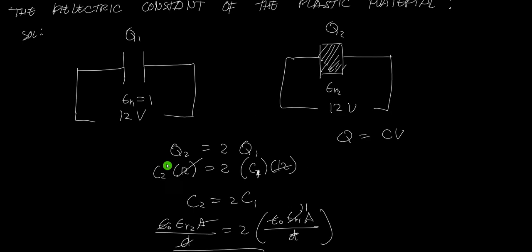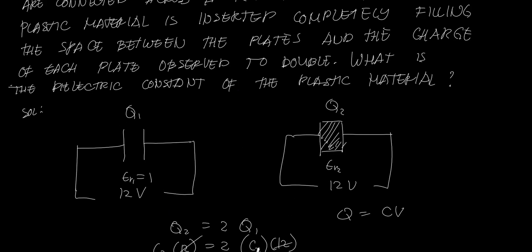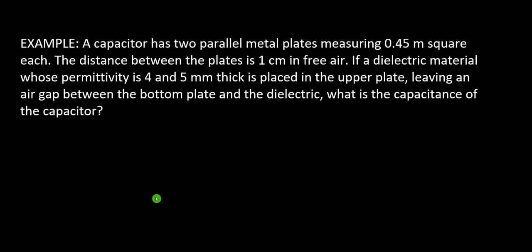Okay, next example. A capacitor has two parallel metal plates measuring 0.45 meter square each. The distance between the plates is 1 centimeter in free air.